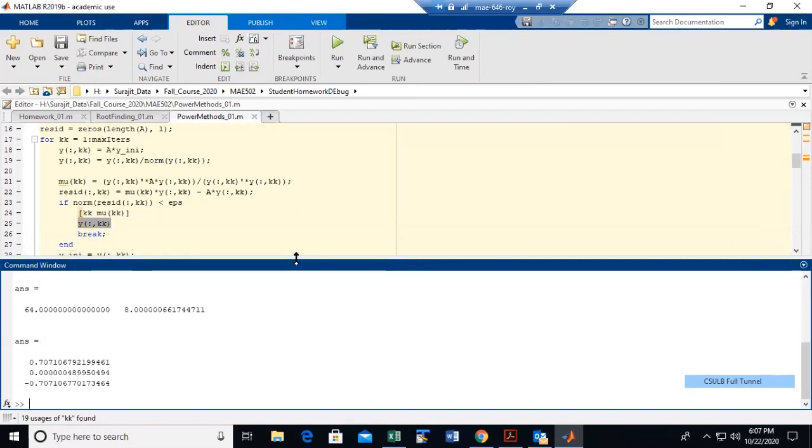Okay, so the reason we would like to find a dominant eigenvalue is because that is the most significant eigenvalue that is of interest. For example, in some of the numerical techniques I probably have shown you, let me share the screen back again.